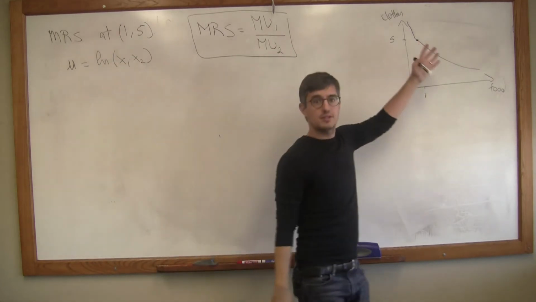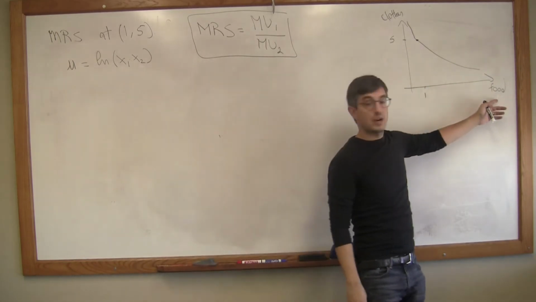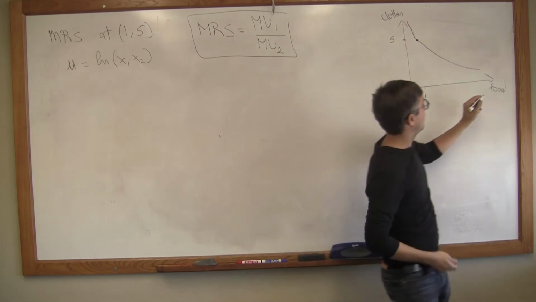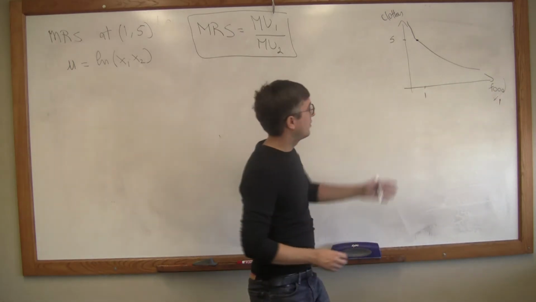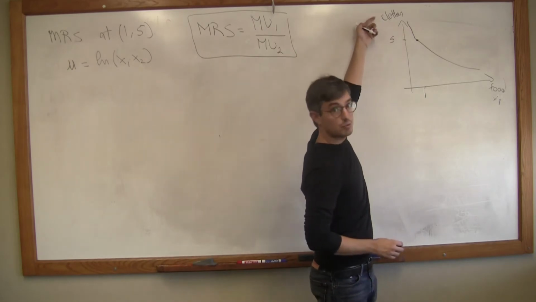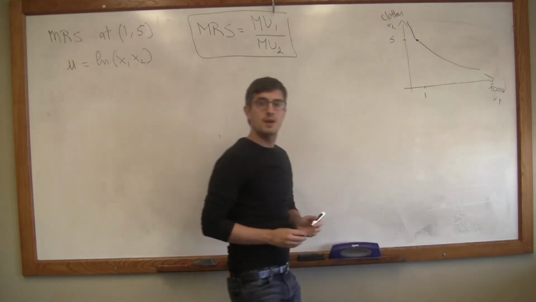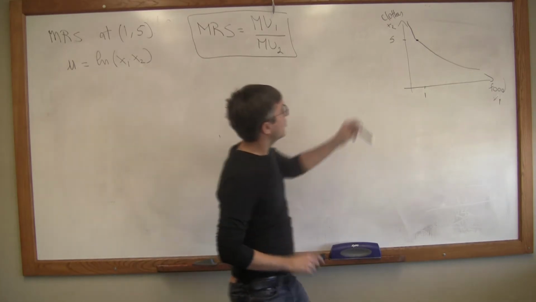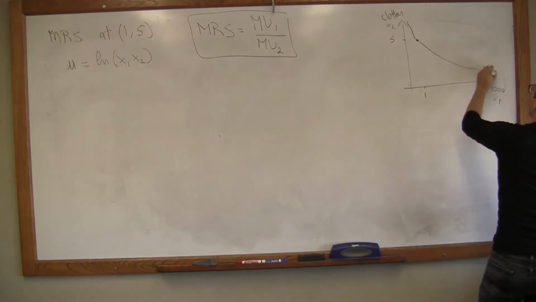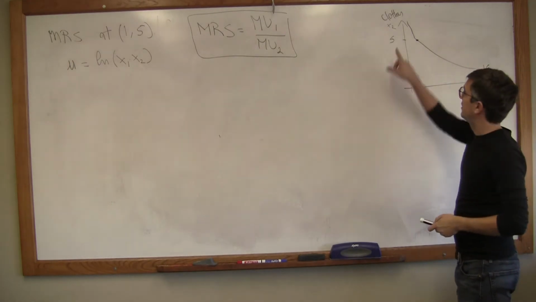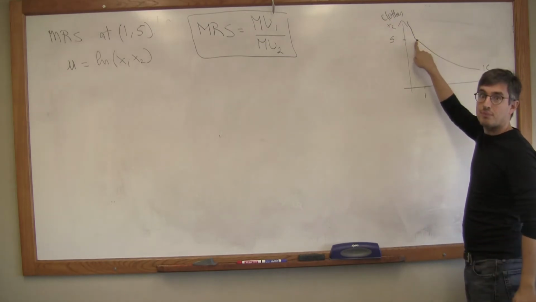Well, here is the graph of the situation. On the x1 axis, I have a particular good called food. On the y-axis, I have another good which is clothes, so this corresponds to x2. What I've drawn here is an indifference curve, and on that indifference curve, I've identified the point (1, 5), which is this particular bundle.